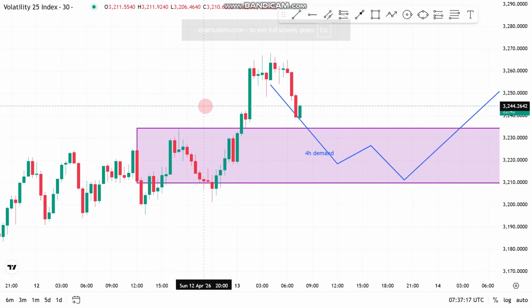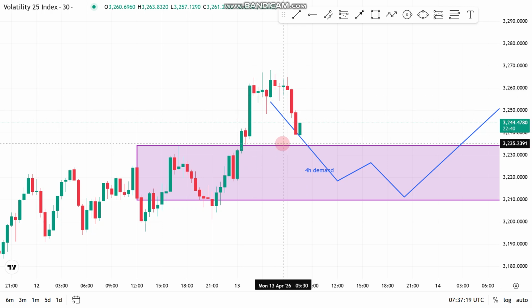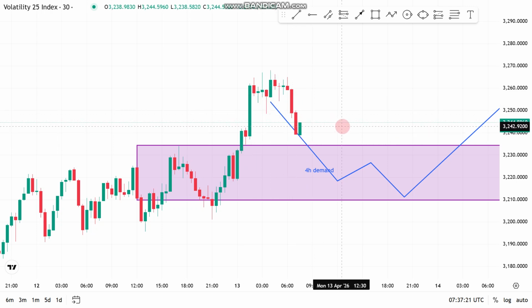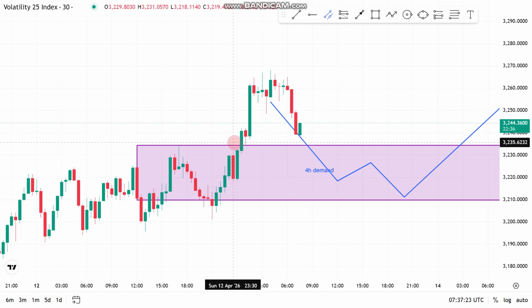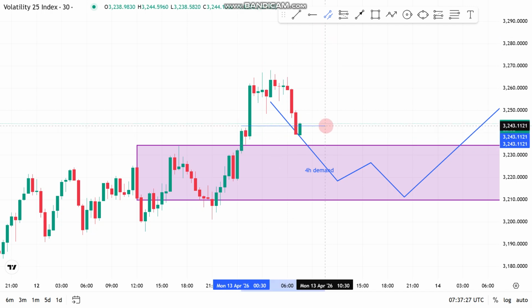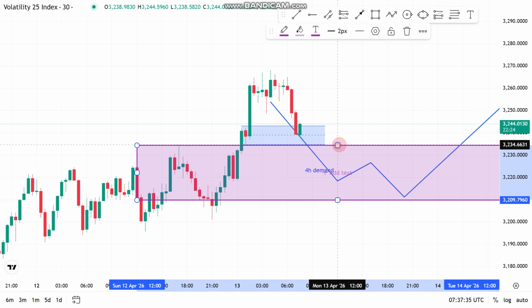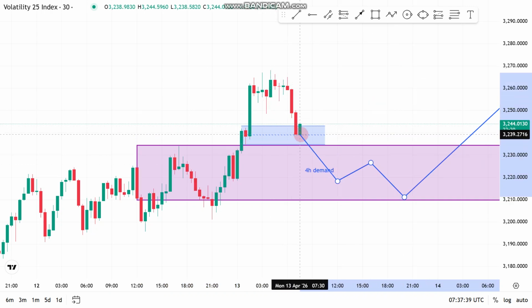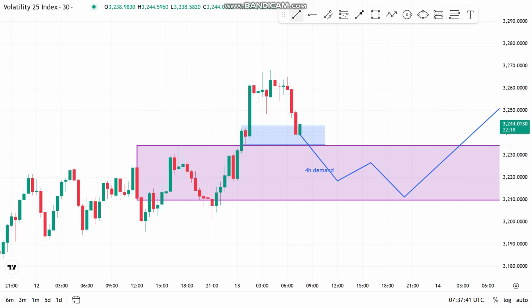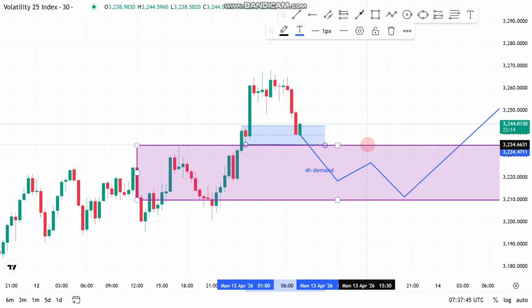You can see that the market has tapped to our 30-minute zone and has given us a reaction. This is what we call the inducement. Even if I now delete this 4-hour, remember we want to see the market coming to this demand on the 4 hours, and you can see that the market has started reacting with this support under the 30 minutes.